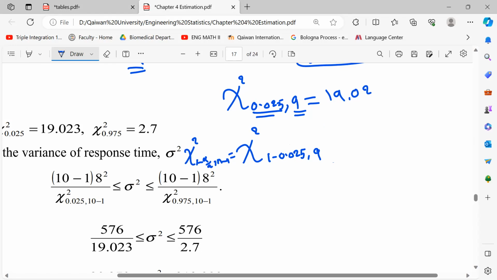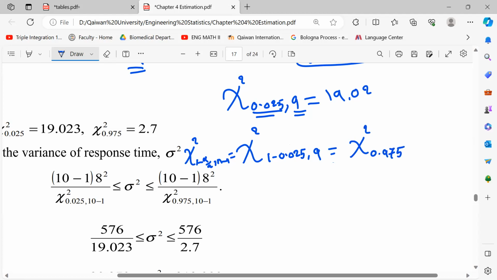We have this in the right hand side, but in the left hand side, you just have alpha over 2 and n minus 1. You need to find both because they have different values. What's the value of 1 minus 0.025? It's 0.975.